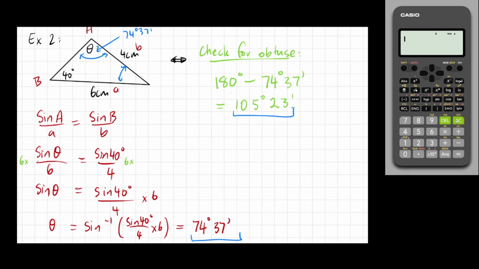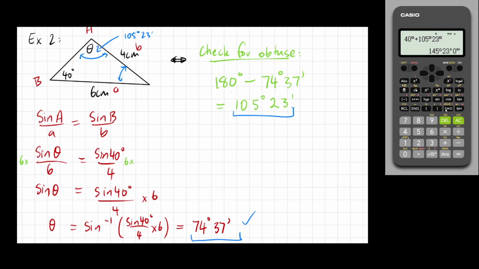Whereas if I then try the 105 degrees. So this one works, so we're happy with that. Now let's try the obtuse angle. Can this angle be equal to 105 degrees and 23 minutes, or 40 degrees plus 105 degrees, 23 minutes?